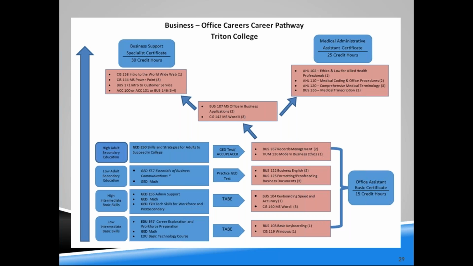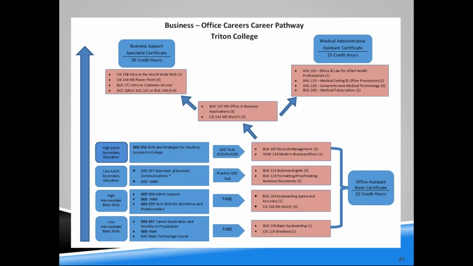These are all ICAPS pathways, so these are all college credit based, and they do have stackable laddered pathways into more advanced areas. As you can see on this one, this is Triton College's Business Office Careers pathway. It begins there at the bottom. The chunk at the bottom is the ICAPS program.